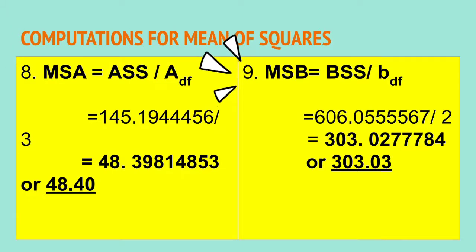In number 9, the formula is MSB is equal to BSS divided by BDF, equal to 606.0555567 divided by 2, equal to 303.0277784, or 303.03.